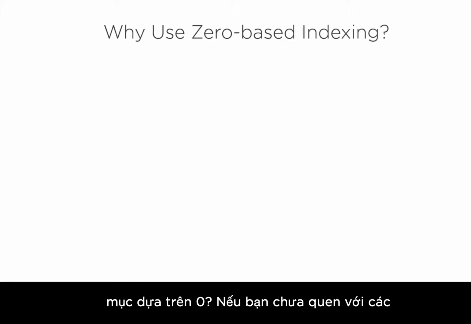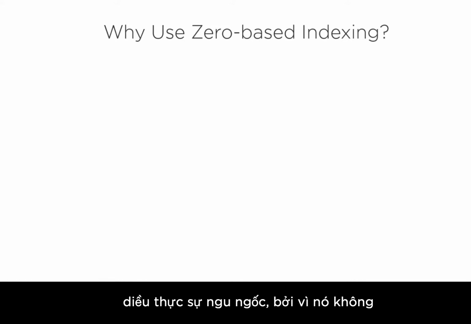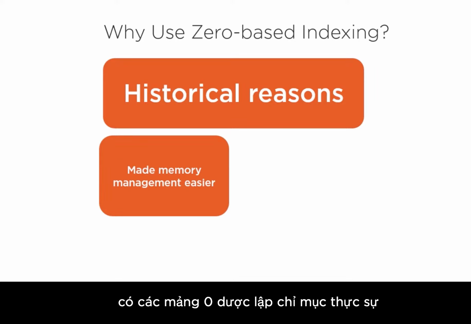If you are new to collections, zero indexing might seem like a really stupid thing to do because it's so unintuitive. But there are historically good reasons for it. Basically, back in the old days, when people had to manage memory a lot more explicitly than you would today, having arrays zero-indexed actually made memory management easier.